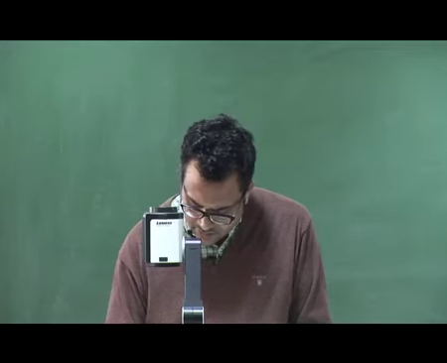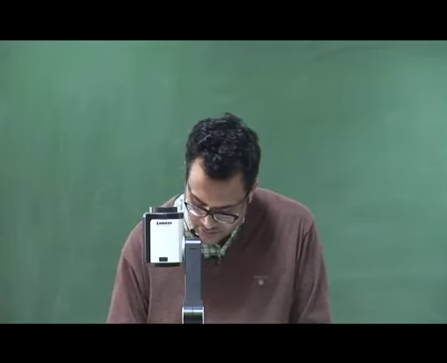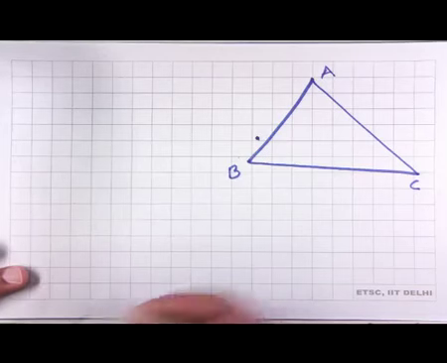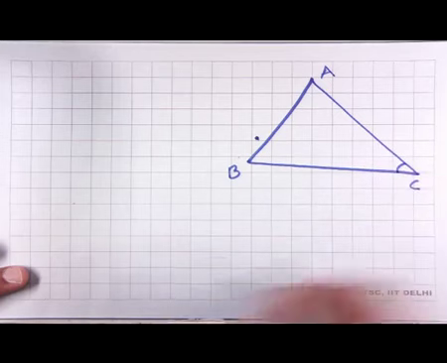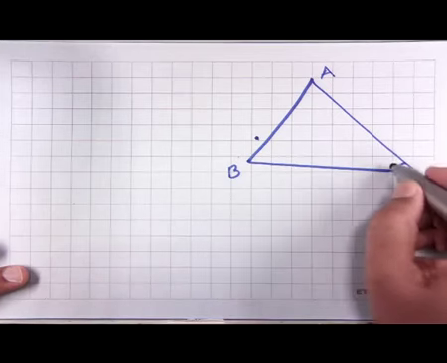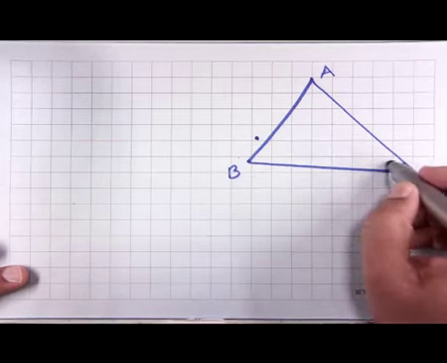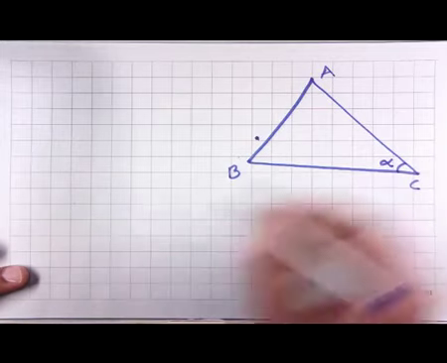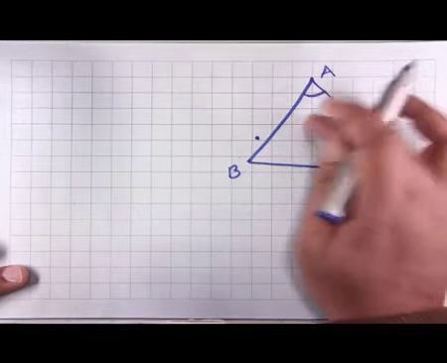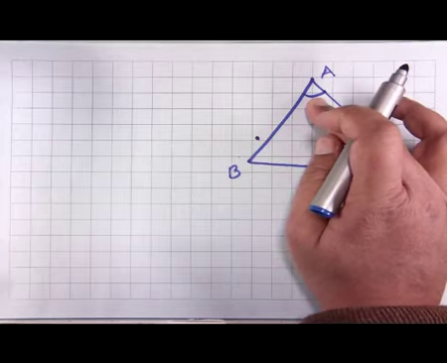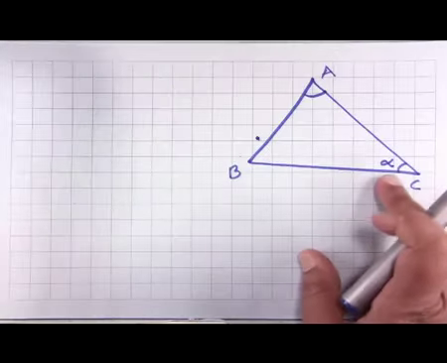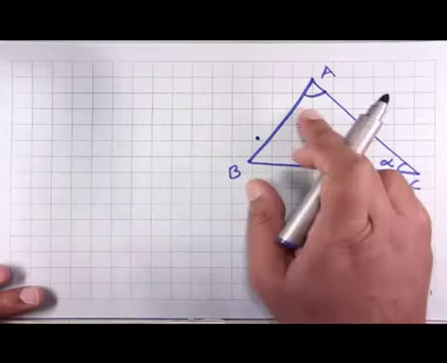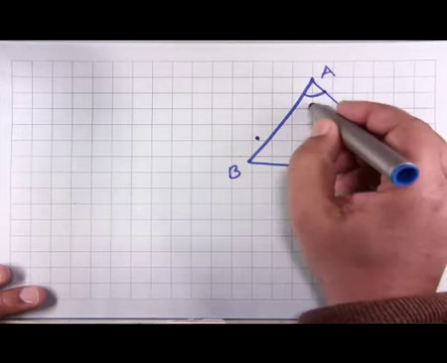So, let us say that this is our triangle ABC, and let us say that the smallest angle is this angle, which I will denote with alpha, and let us say that this is the largest angle. In the problem it is said that the largest angle is twice the smallest one, and since the smallest one is alpha, the largest one has to be 2 alpha.